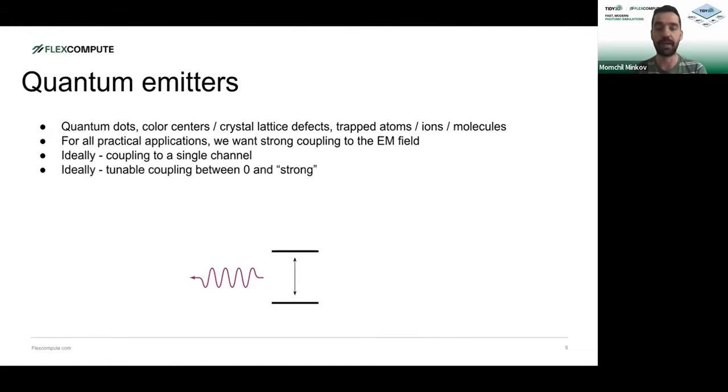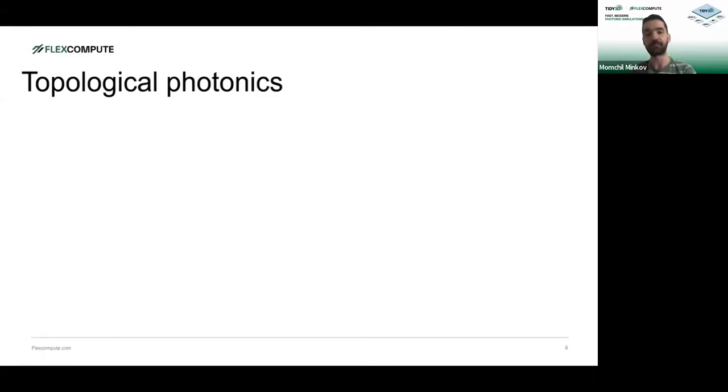And finally, we ideally want to be able to turn this coupling on and off. That would also be very beneficial. So tunable, controllable, strong coupling of quantum emitters to light is what this is all about, and what a lot of the nanophotonic design is aiming to do when it comes to quantum emitters.